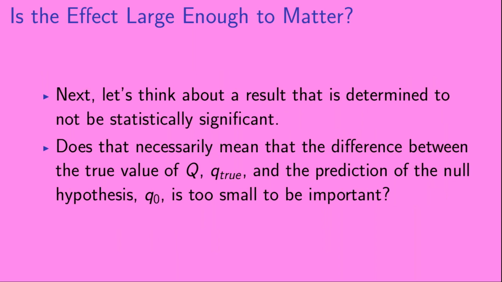Next, let's think about a result that is determined to be not statistically significant. Does that necessarily mean that the difference between the true value of Q, Q true, and the prediction of the null hypothesis, Q naught, is too small to be important?